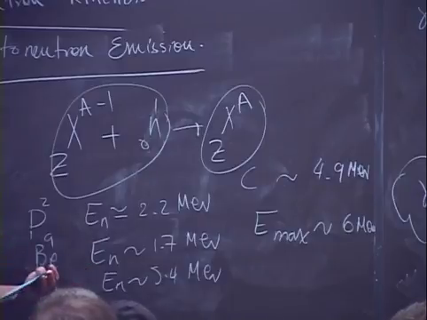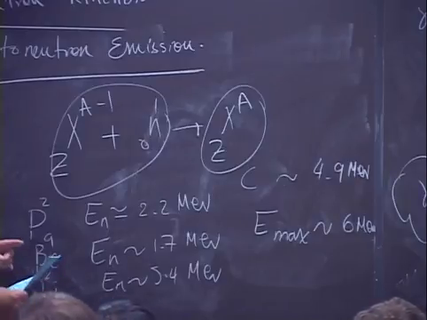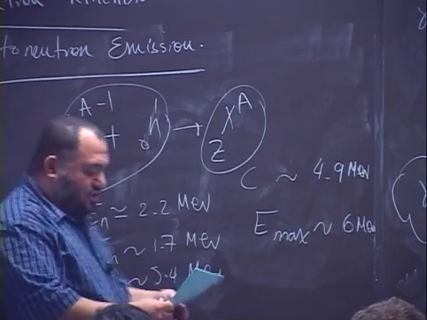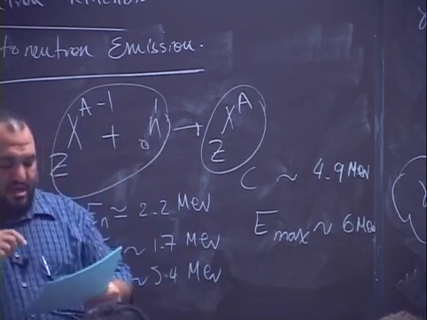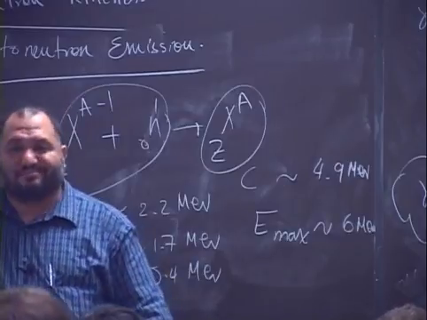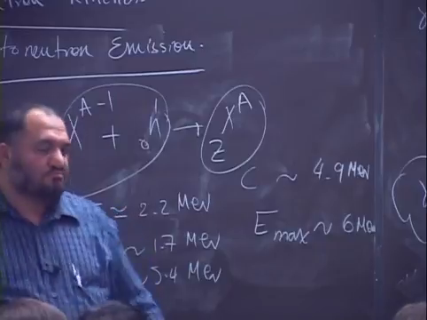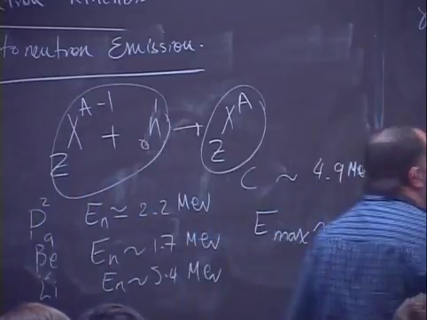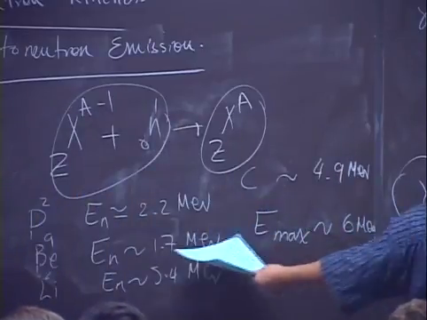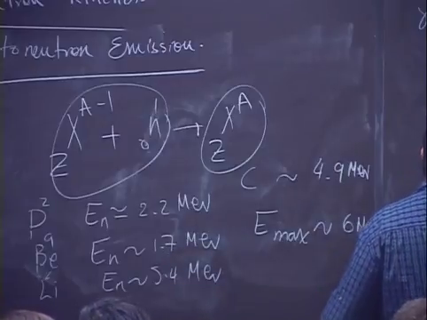For the CANDU, the deuterium moderated reactor, the D2O moderated reactor, the beta decay is much slower than the direct neutron decay from the fission products. So for fission products, what's the decay time? Up to 80 seconds, maybe. But for the beta decay, it is accompanied by this gamma decay, which is almost 6 MeV.